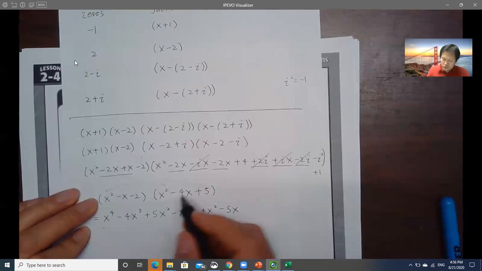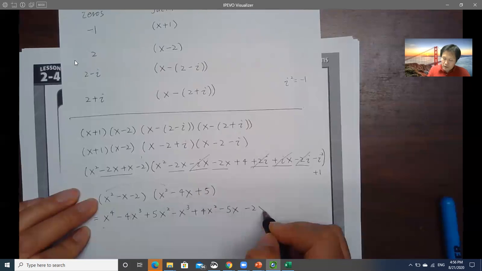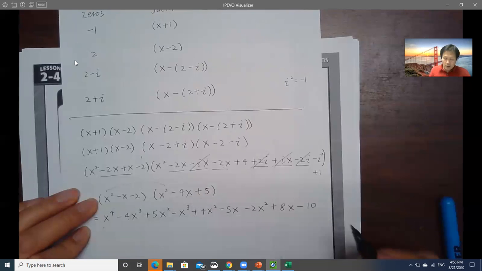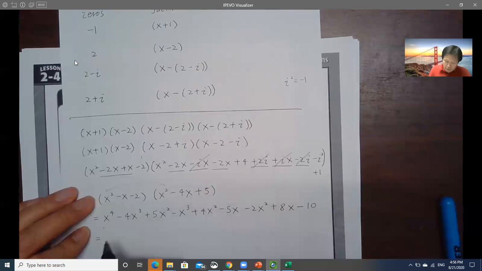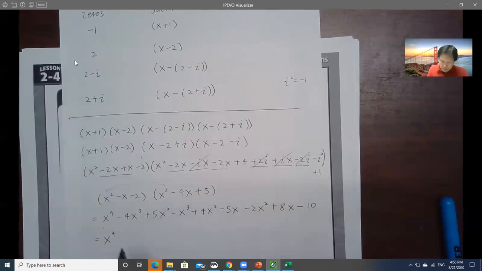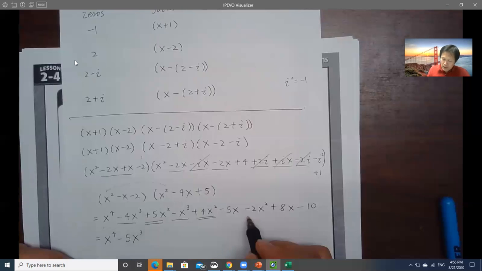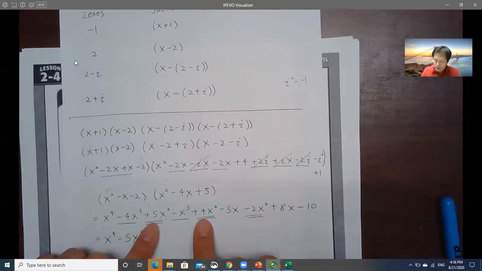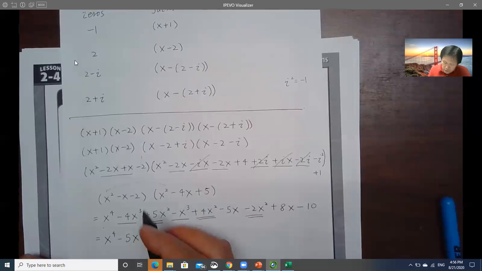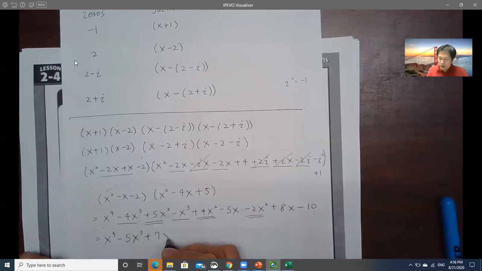Minus 2x squared minus 2x squared, minus 2 minus 4x plus 8x, minus 2 plus 5 minus 10. Combine like terms. X to the fourth, x cubed: I got minus 4 minus 1, minus 5 x cubed. X squared: 5, 4, minus 2, so 5, 4, that's a 9, 7, 7x squared.